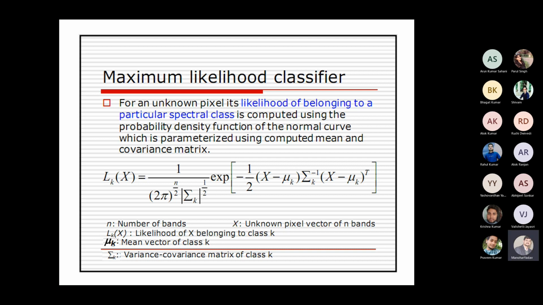While calculating the statistical parameters for 5 classes, how many different variance covariance matrices do we have? Who will tell me?